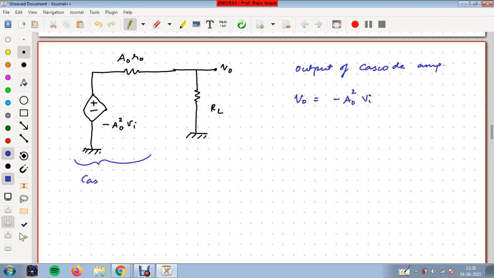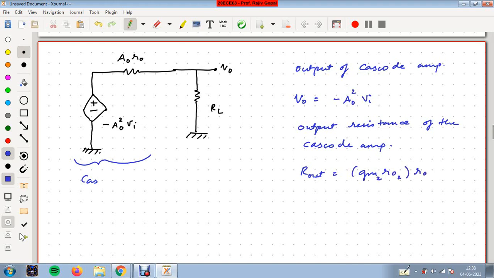So I have drawn a dependent source which has the value minus A naught square times Vi, right? And the output resistance of the cascode amplifier, that is R out. Okay, we proved that R out is equal to GM2 times R naught 2 times R naught 1, right?